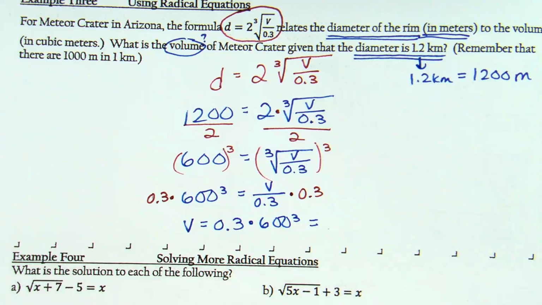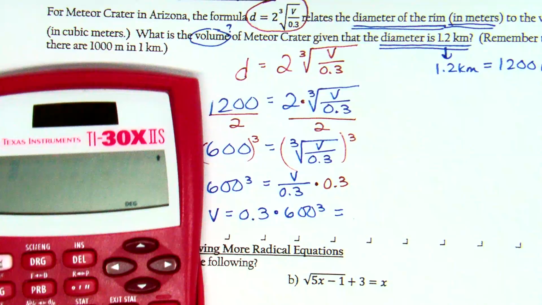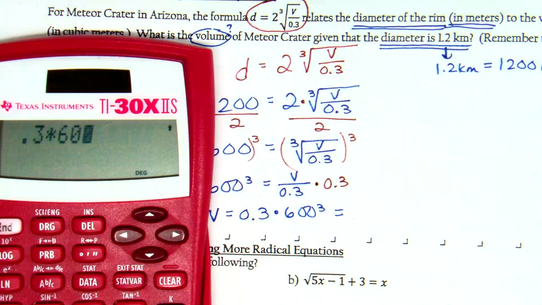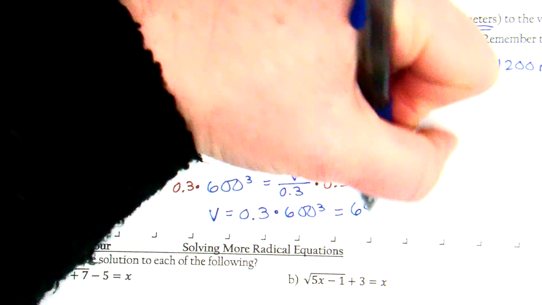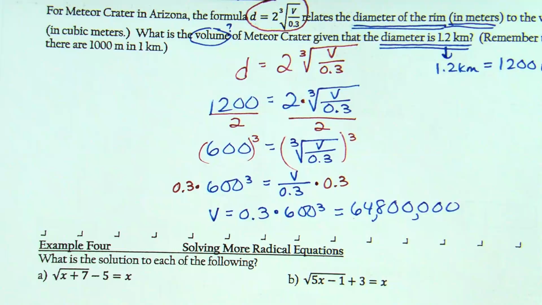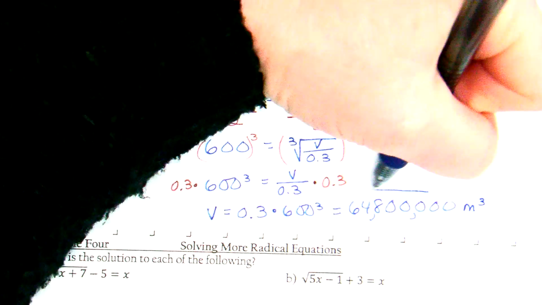So 0.3 times 600 to the third. Oh my. 648 with about 5 zeros. 648,000,000. So 64,800,000. What's my label? Meters. It's volume. Oh, meters cubed.